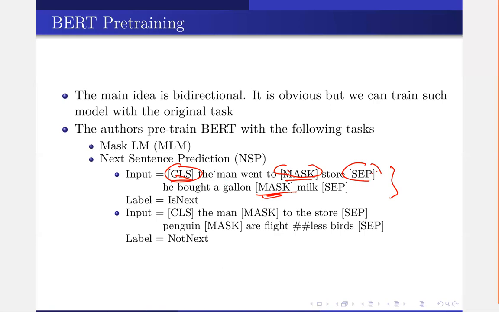We just pull out sentences from Wikipedia and randomly mask out some of the words, and that will be my training data. If you pull out two consecutive sentences, then we expect that the next sentence prediction will be true. And if we pull out one sentence from one paragraph and another sentence from another paragraph, we expect the outcome for next sentence prediction to be false. So we can automatically generate labels for training.